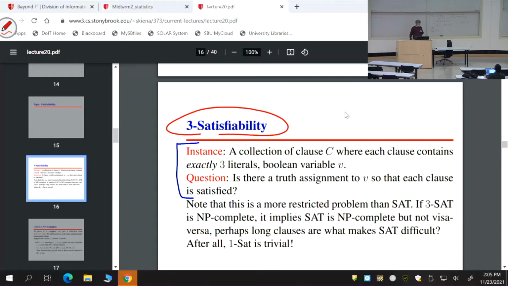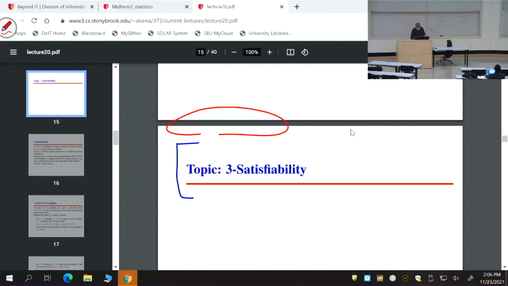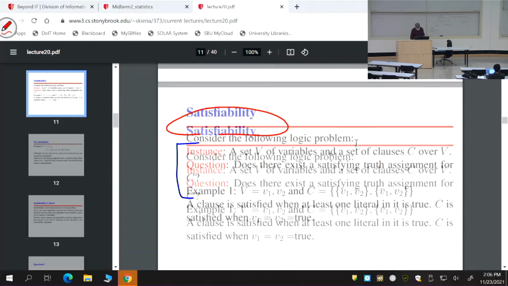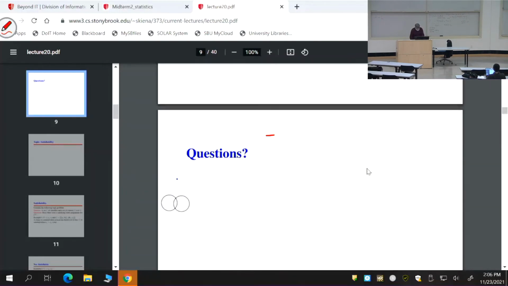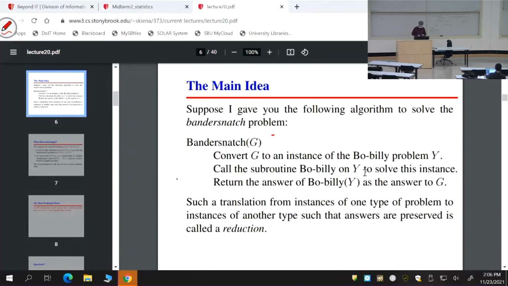What would I have to do to prove that 3 satisfiability is hard? I've got to go back to my Bandersnatch and Bobilly thing, right? How would I go and prove that 3 satisfiability is hard? What is Bandersnatch and what is Bobilly?